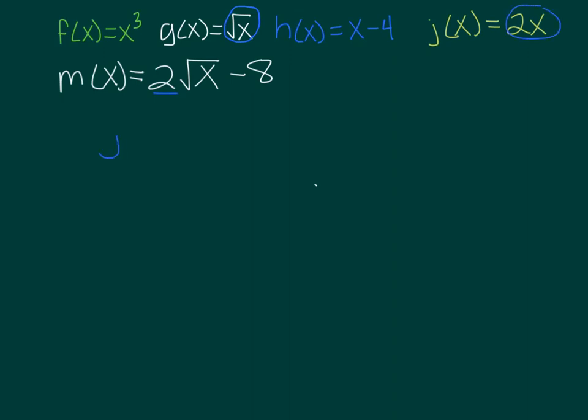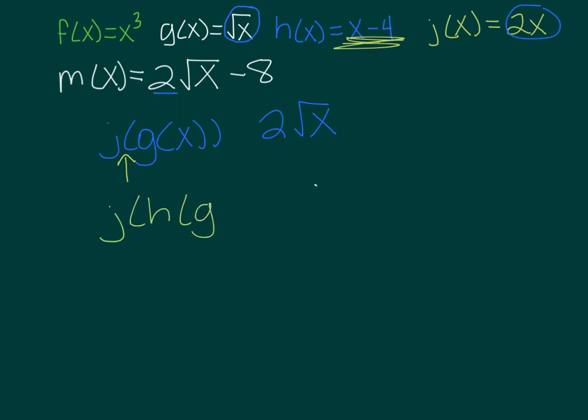If I did j of g of x, that would give me 2 times the square root of x. But I want it to be minus 8. So I'm looking at this and I'm thinking, okay, I need to actually put h in there somewhere and put it in before the j because I want to multiply that 4 by 2. So what if I did j of h of g of x?